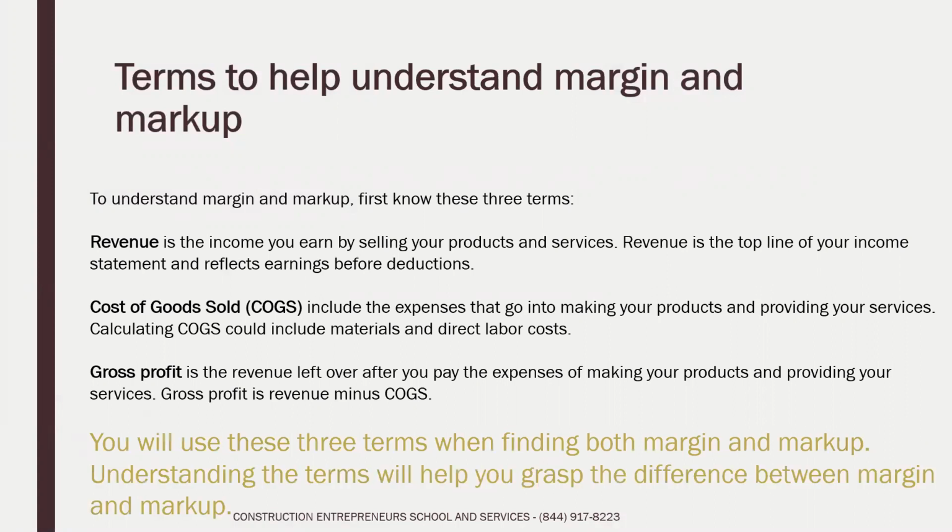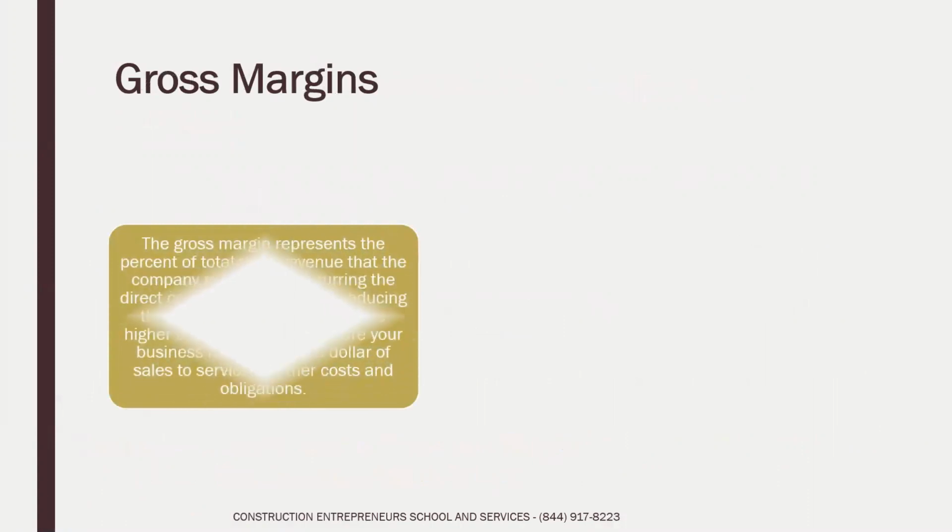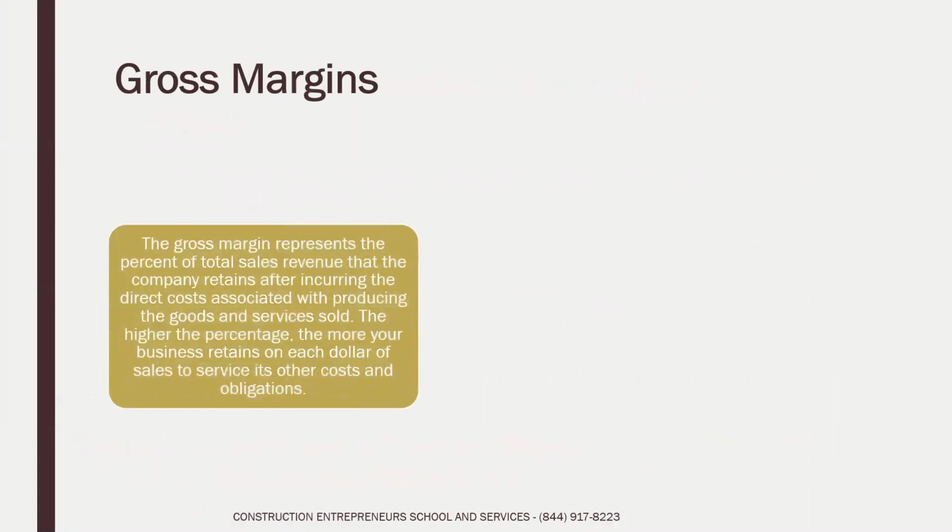Understanding the terms will help you grasp the difference between margin and markup. So gross margin represents the percentage of total sales, that's sales revenue, that a company retains after incurring the direct costs associated with producing the goods and services sold.